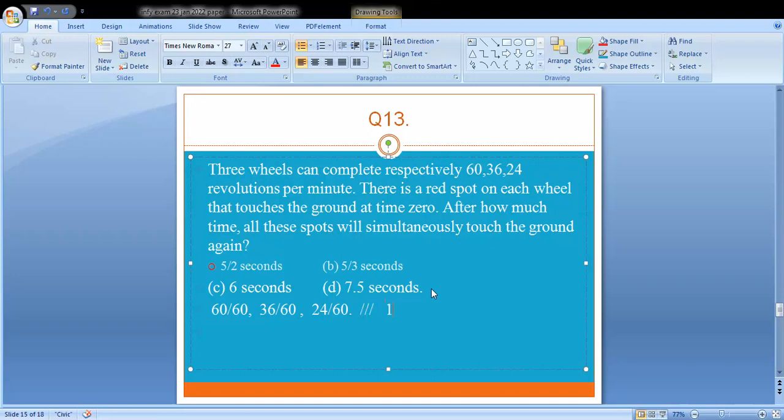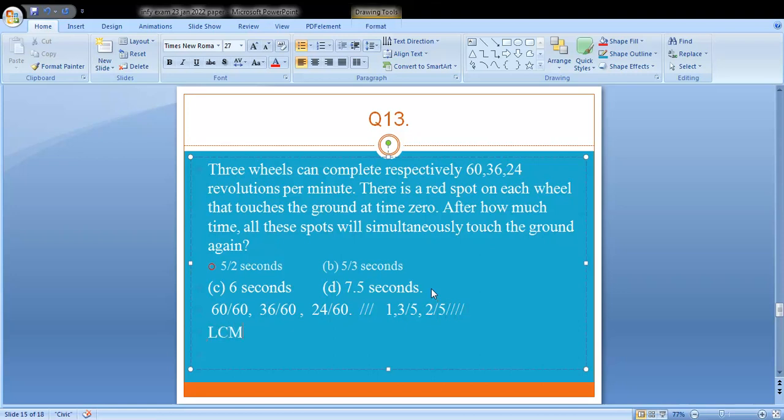That is nothing but 1. 36 by 60 is 3 by 5. Next is 24 by 60, that is 2 by 5. These are all in seconds.